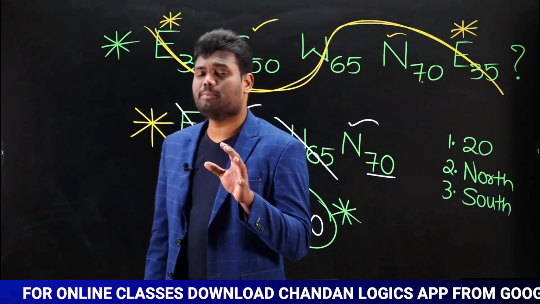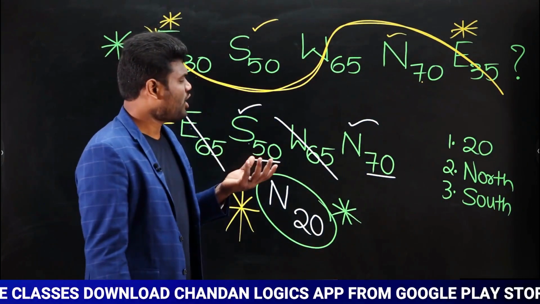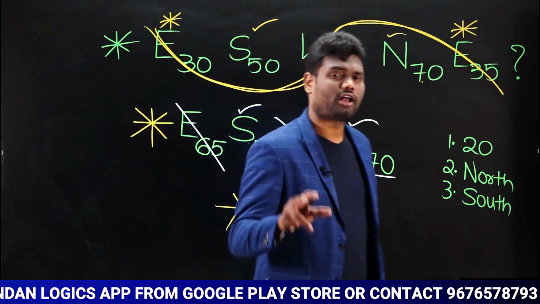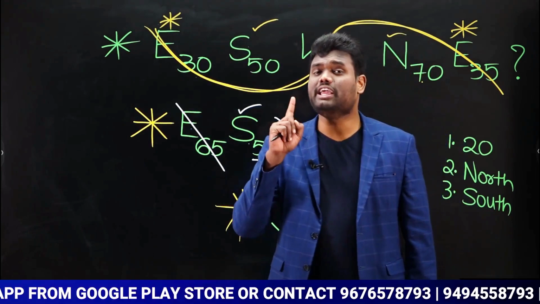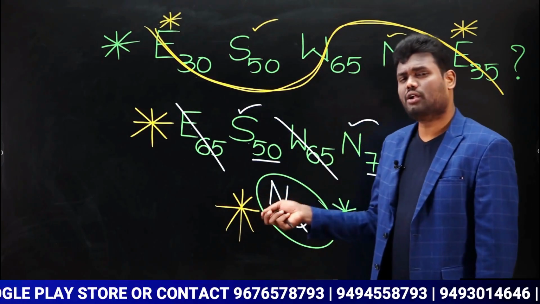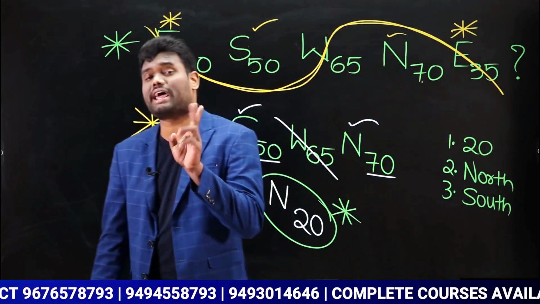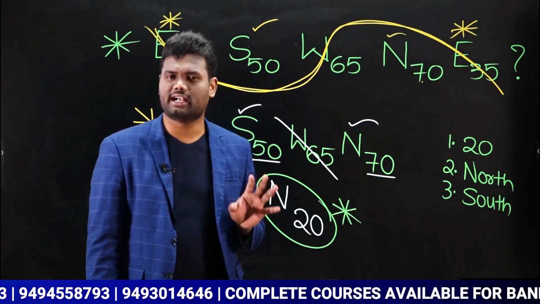Now, some of you may have doubts: always we are getting only one direction, either north or east or west. As we are getting one, this is okay. But what happens if I get two directions? Many of us are in a dilemma.